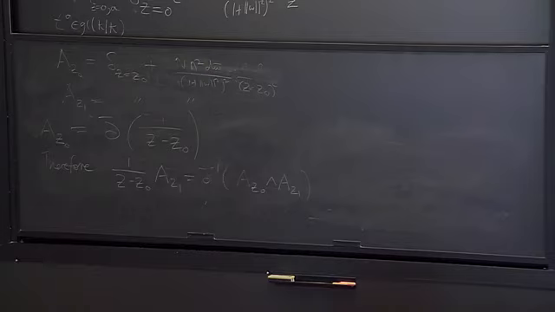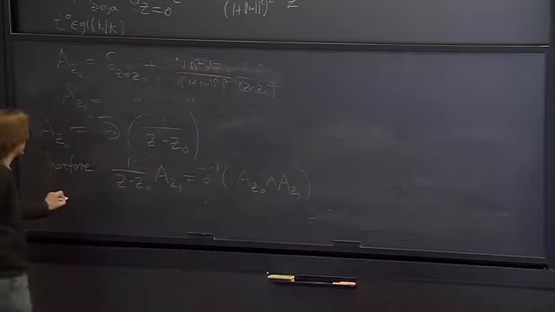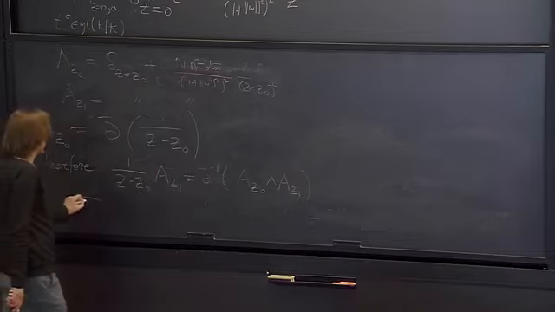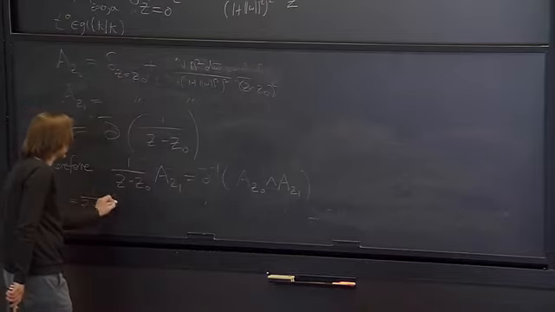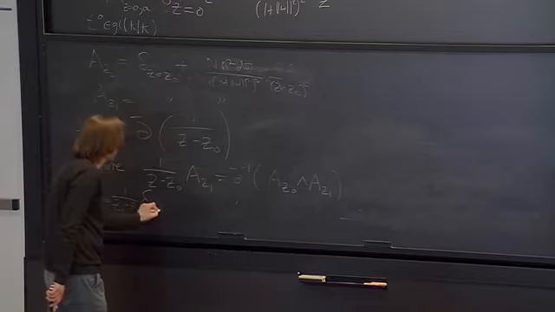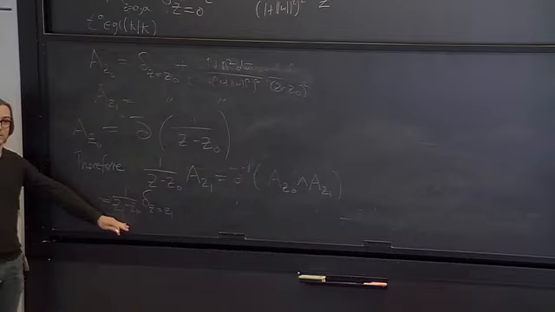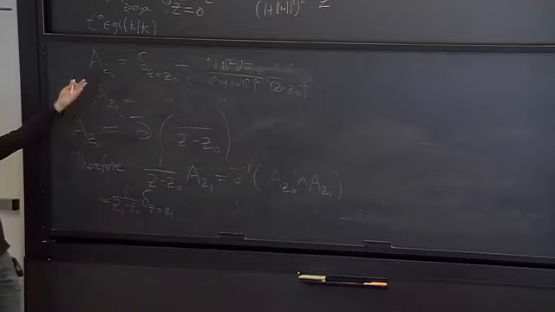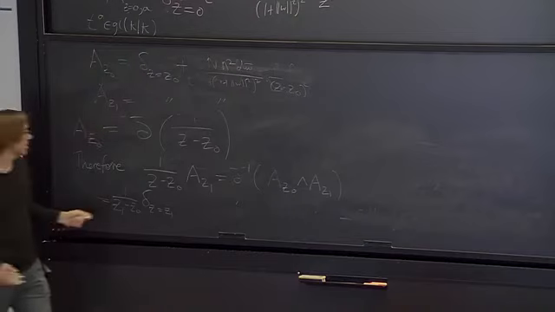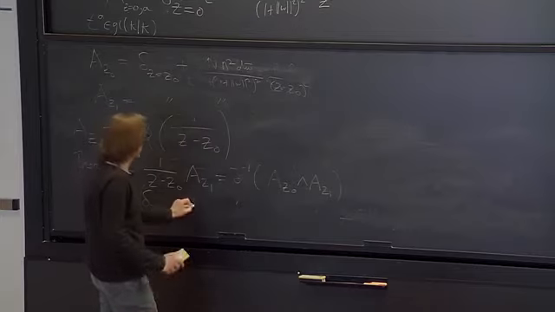And if you look at this, this is 1 over z1 minus z0 times the delta function, z equals z1. So this is very much the kind of OPE thing. And there's going to be some other term, but you can fiddle around with it, and you realize that the other term looks like that.